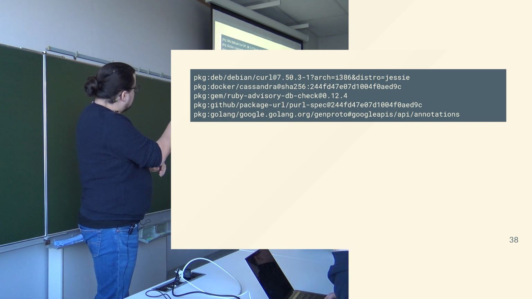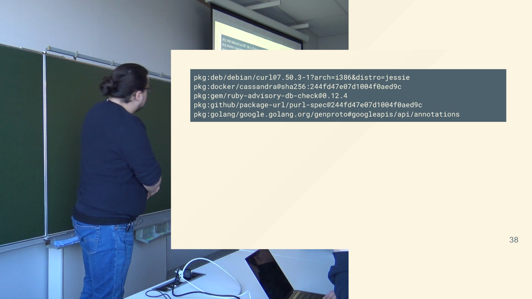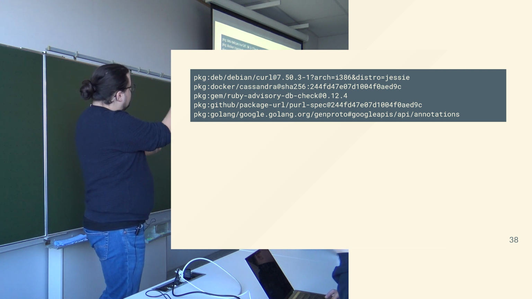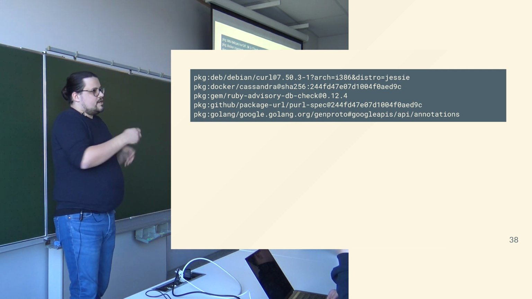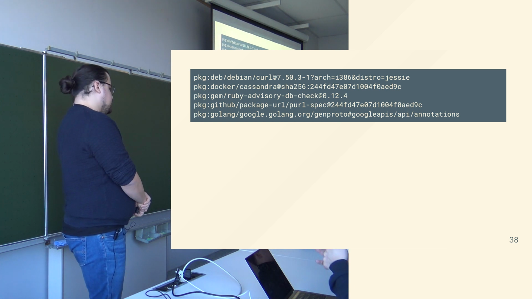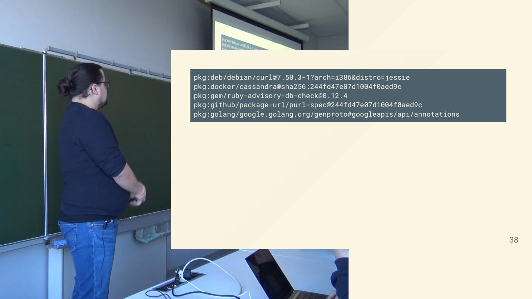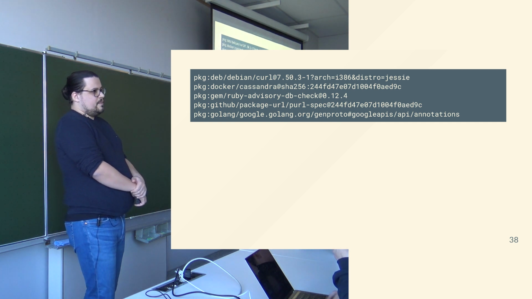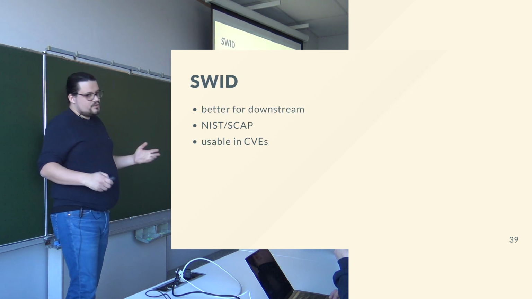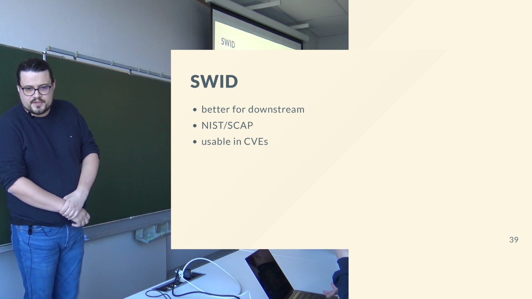You have the context we are talking about: is this a Docker container, a Go package, a Rust package? Then the name, the version, or maybe a commit number. The idea is to have a precise description of the software and its version. It's really important because it's hard to keep track of all the components, so we need a very precise description. Software ID is better for more aggregated or downstream stuff.